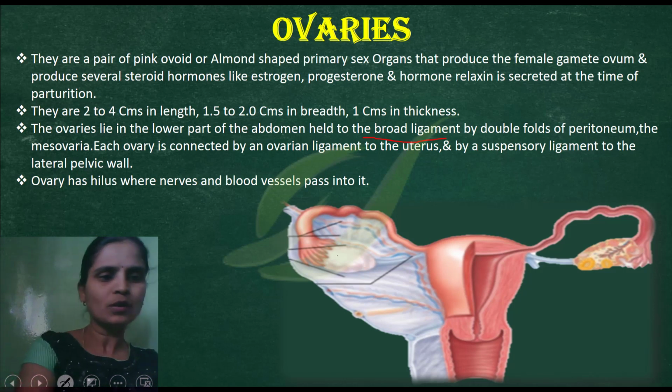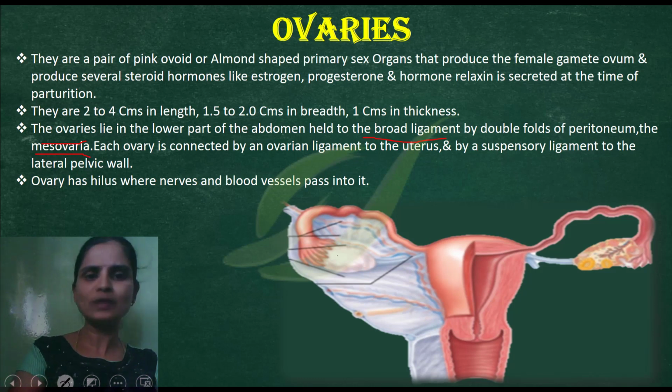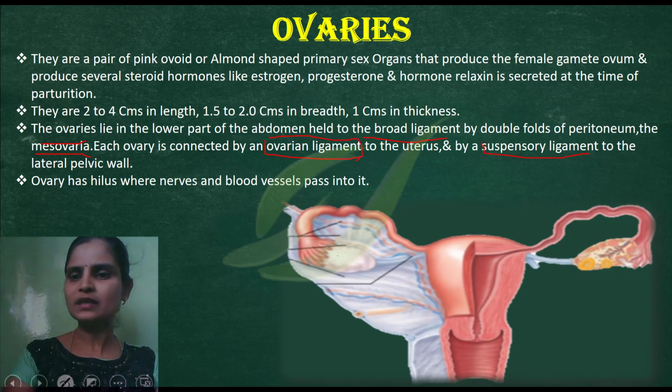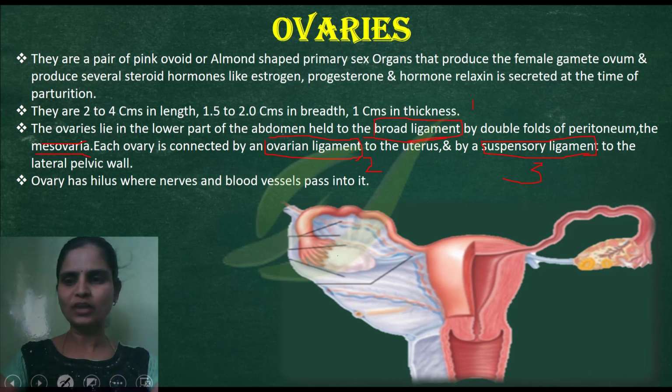It includes the mesovarium, the ovarian ligament and the suspensory ligament. These are the three ligaments which hold the ovary in position: the broad ligament, ovarian ligament and suspensory ligament.